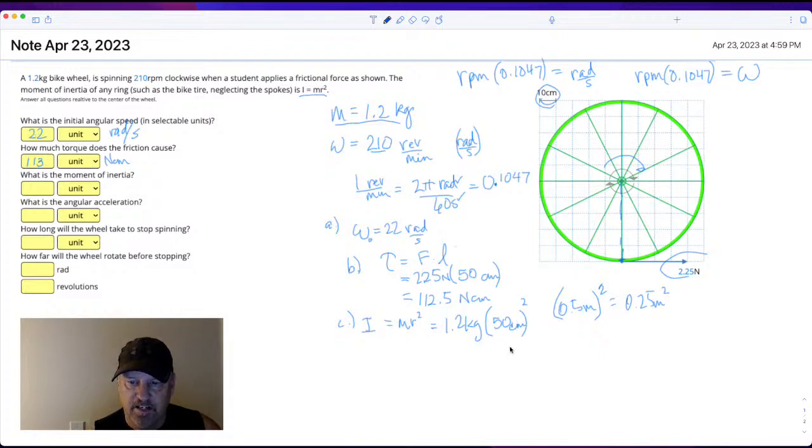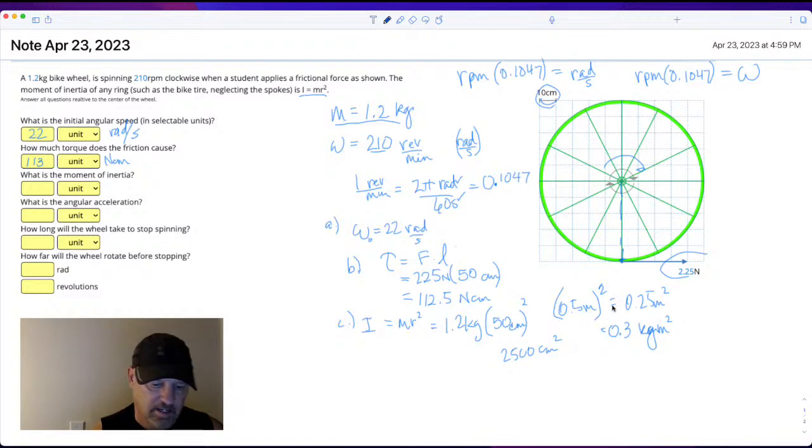And 50 squared is 2,500 centimeters squared. So either way, times 1.2. 1.2 times 0.25 is 0.3. So if it's in meters, it's 0.3 kilogram meters squared.